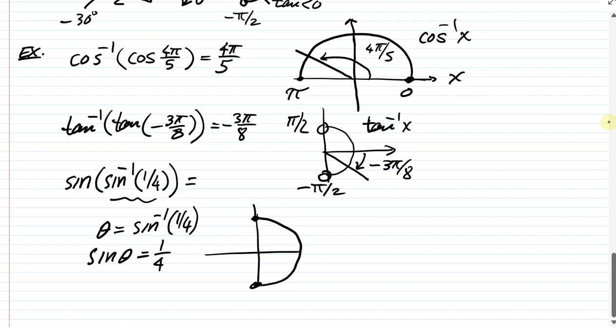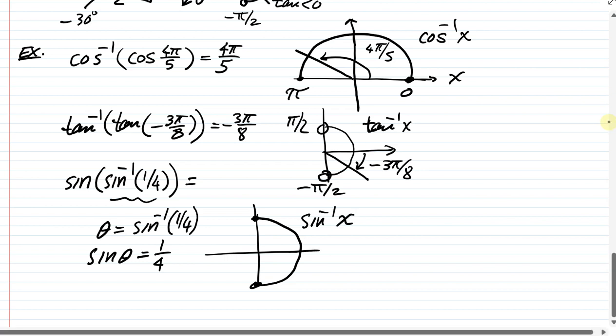And this is my half circle for arc sine theta now, or x, arc sine x. And we have 1/4, which is a positive value, right? The measure of the angle is 1/4 radian. There you go. The measure of the angle. This angle is 1/4.